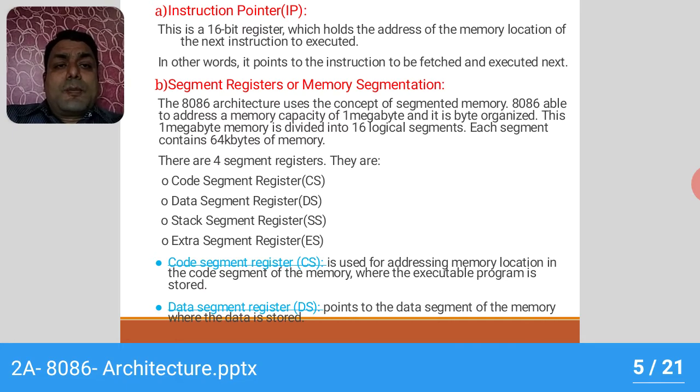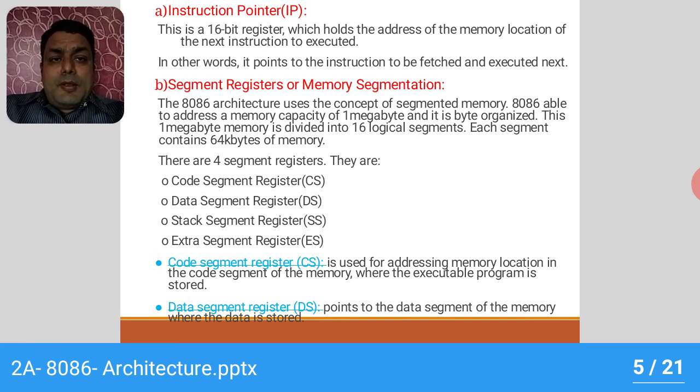So we have discussed the instruction pointer. It is a 16-bit register which holds the address of the memory location of the next instruction to be executed. Again, segment registers or memory segmentation consist of 4 segment registers: code segment register, data segment register, stack segment register, extra segment register.